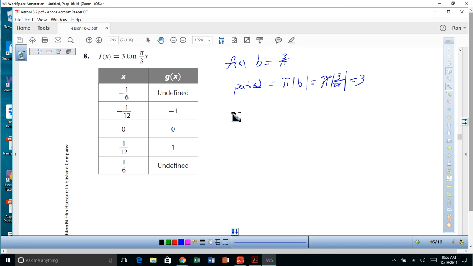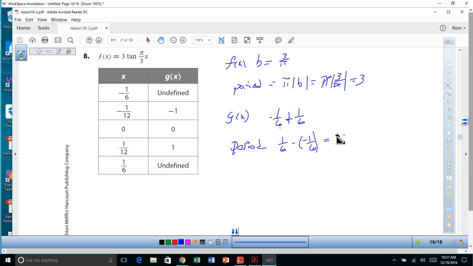G of x has asymptotes at negative 1 over 6 and 1 over 6. Right? So its period will be 1/6 minus negative 1/6, right?